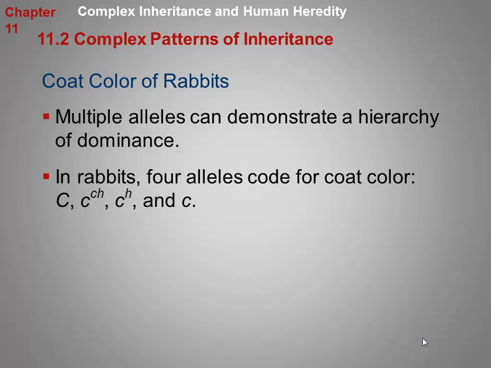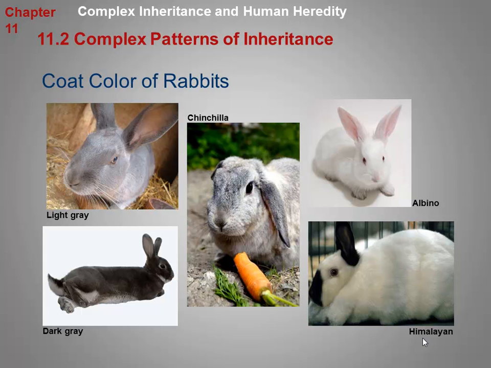In the case of fur color on rabbits, there's 4 alleles, and that's on page 304 in your book. And you'll see here all the different types of coat color of rabbits. Since there are 4 alleles that control the coat color in rabbits, there are multiple different types of phenotypes for rabbit color.